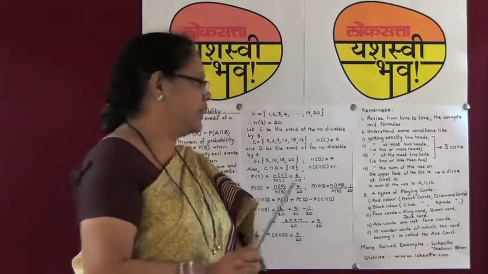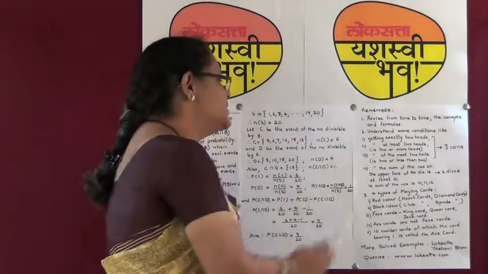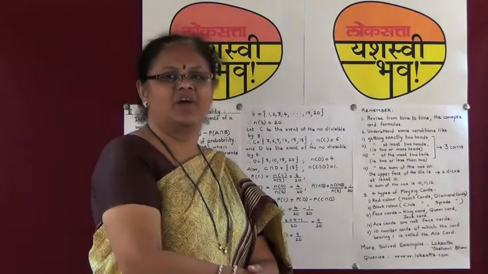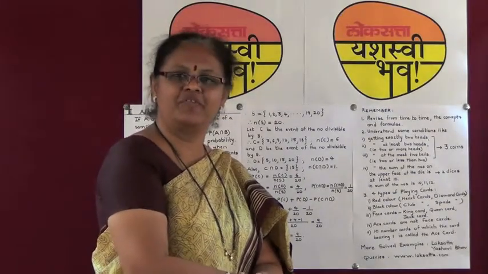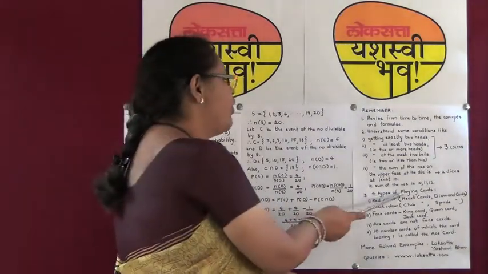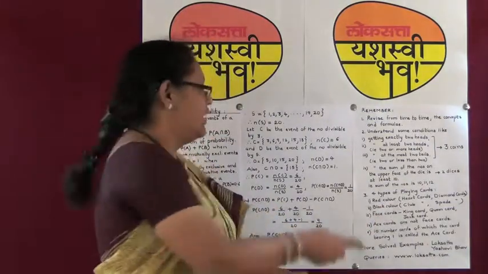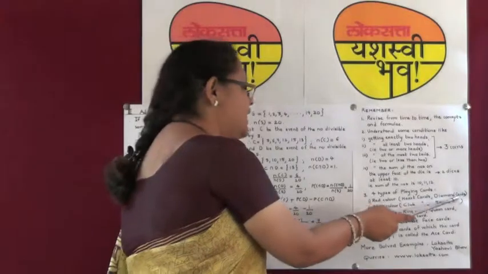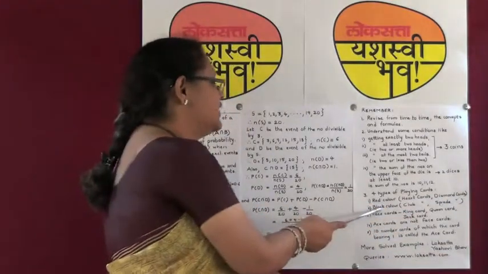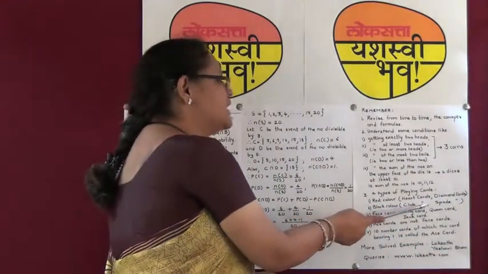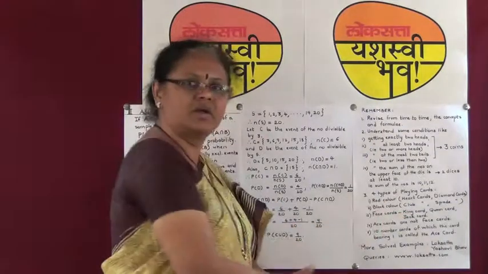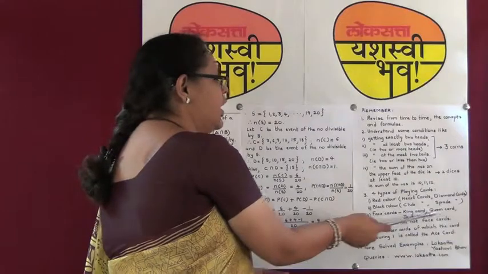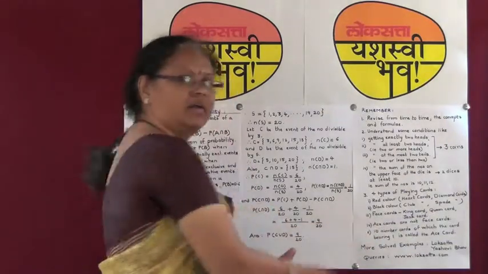Not only we should remember the sentences, but do remember your playing cards, which might be a favorite game of yours. That is, there are 4 types of playing cards. Cards with a red color, which are called heart cards and diamond cards. Cards with the black color, which are called club cards and spade cards. Also remember, the face cards are the king card, queen card, and jack card.